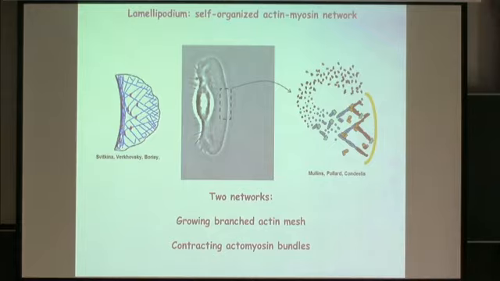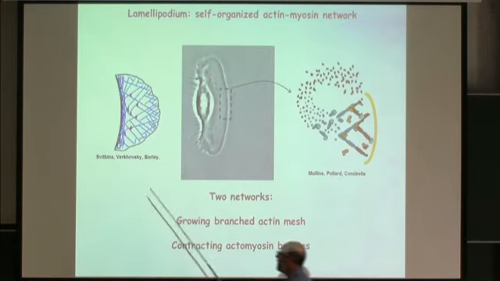This is a completely separate topic which can take hours, and I'm not going to talk about protrusion in detail today at all. What I will focus on is the very important part of motility which was not discussed much yesterday, and this is contraction. Contraction is mediated by myosin.